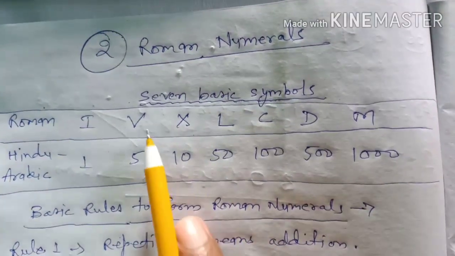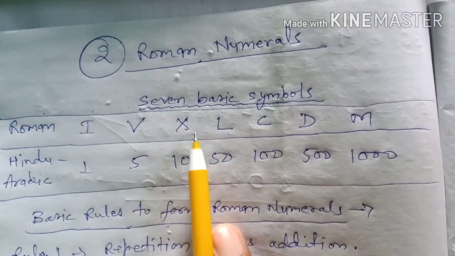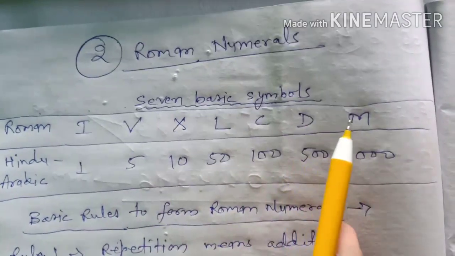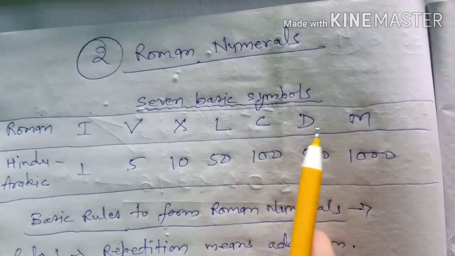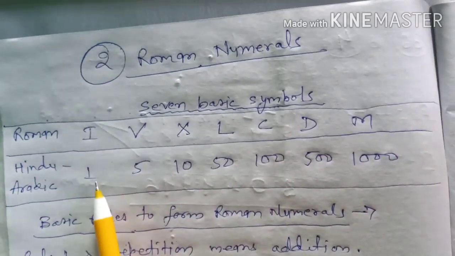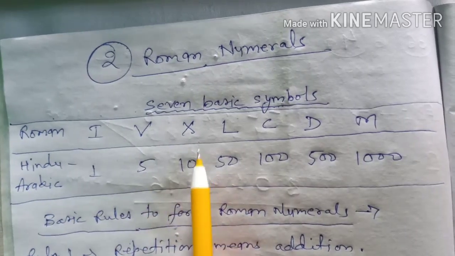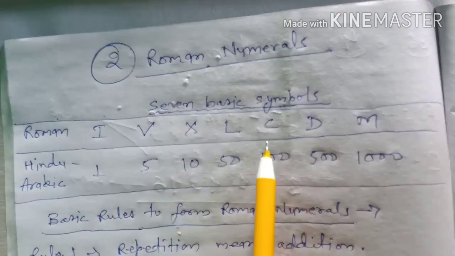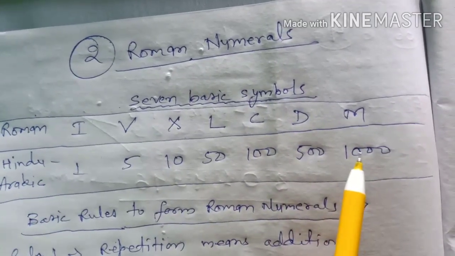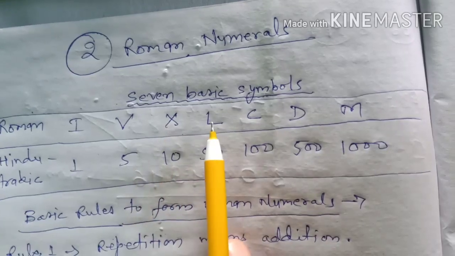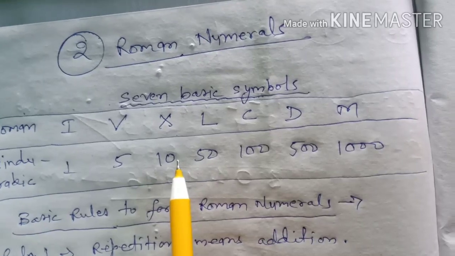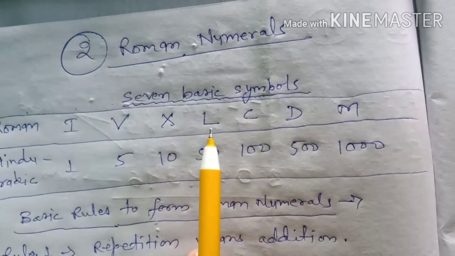As you can see, I, V, X, L, C, D, M. I means 1, V means 5, X means 10, L means 50, C means 100, D means 500, and M means 1000. These symbols denote these numbers.